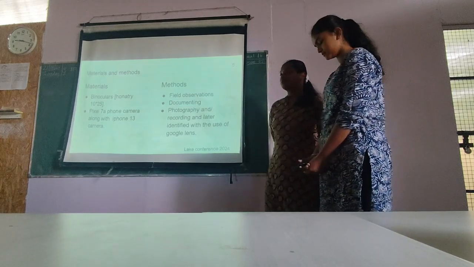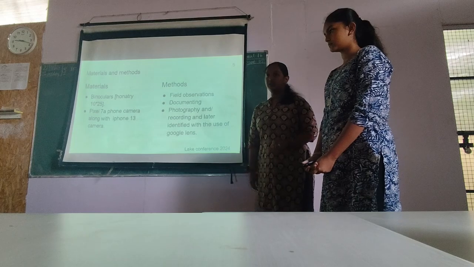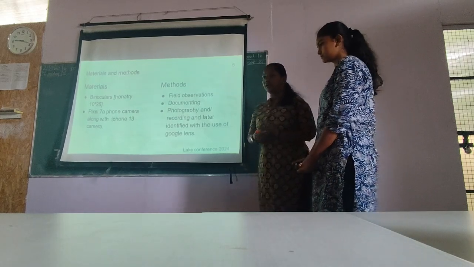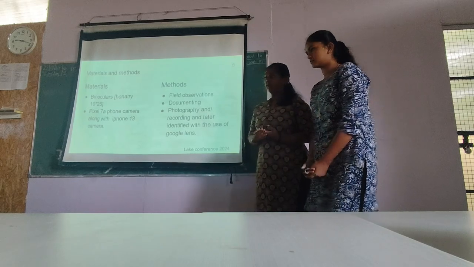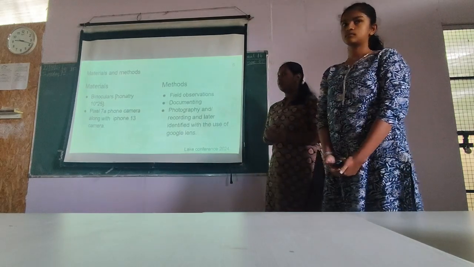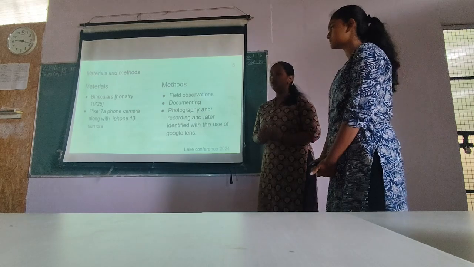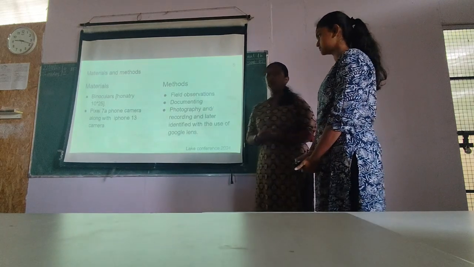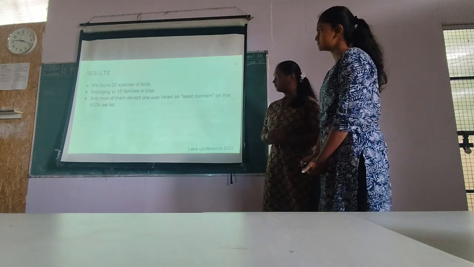The method we used was field observation where we documented the time and the weather that day. We also documented the birds we could identify right away, and of those we could not, we just recorded their chirping or we took their photos and later identified them with the help of Google or other applications.